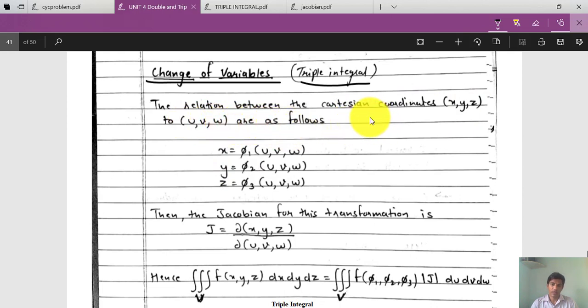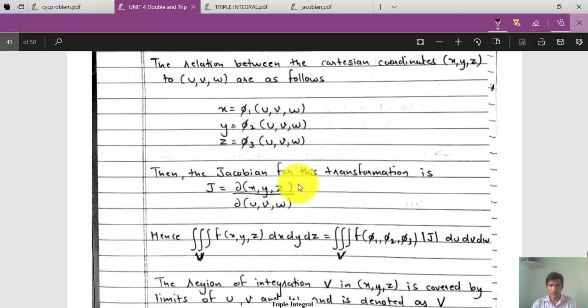There it was x, y and u, v, where the transformation took place from x to u, v. Here x is a function expressed as phi1 of u, v, w, y is also a function expressed as phi2 of u, v, w, and z is equal to phi3, expressed in u, v, w.